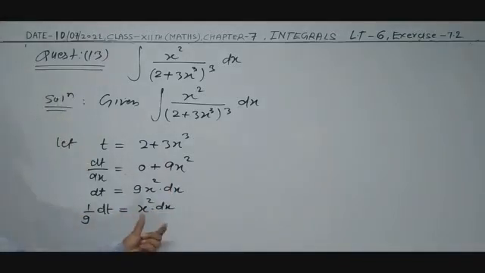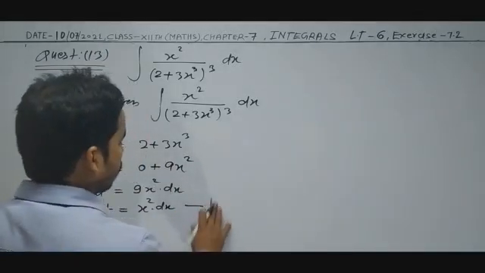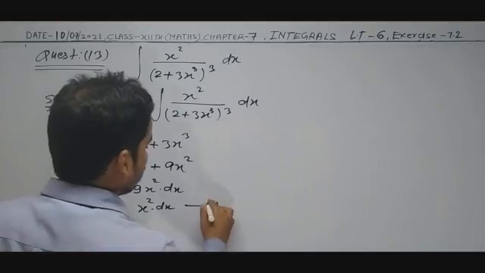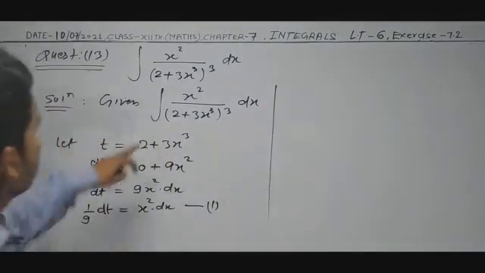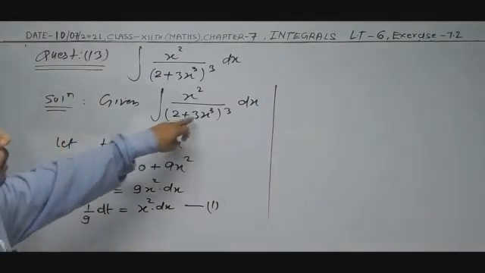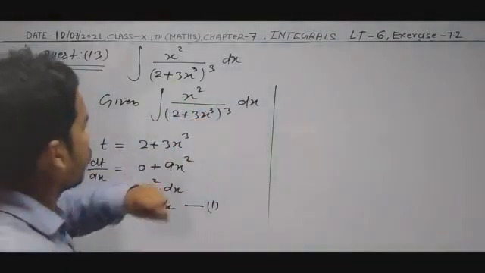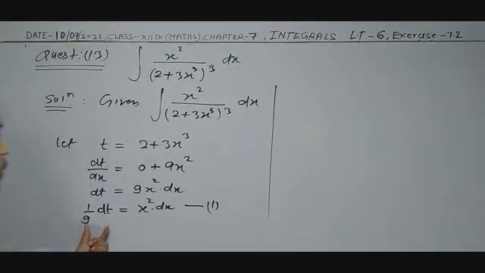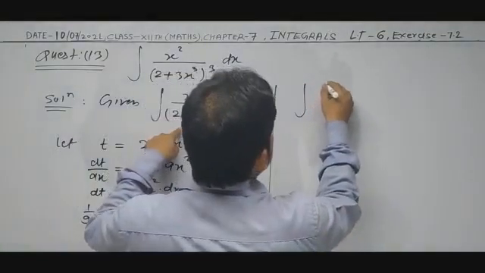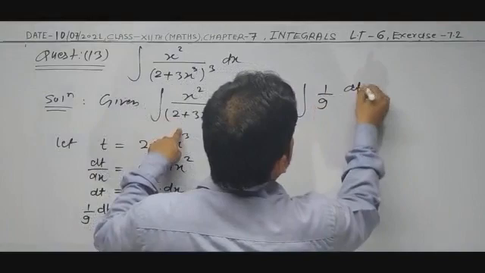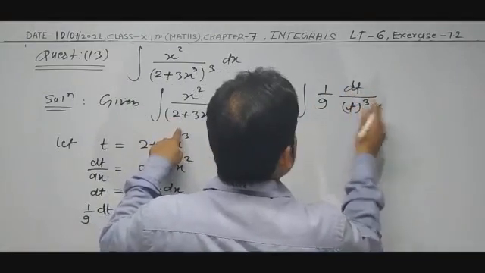You can consider this equation 1. Now we have considered 2 plus 3x cube as t, and x square dx will be 1 by 9 dt. So from equation 1 the integral can be written as integral of 1 by 9 dt whole upon t power 3.